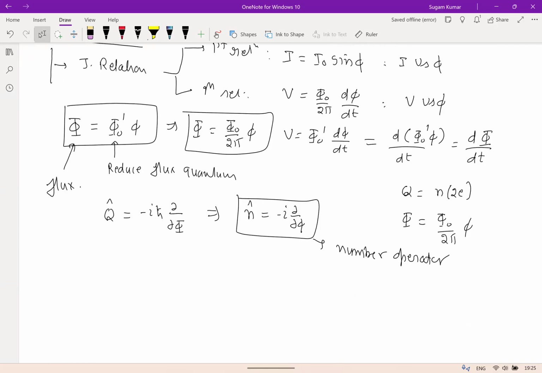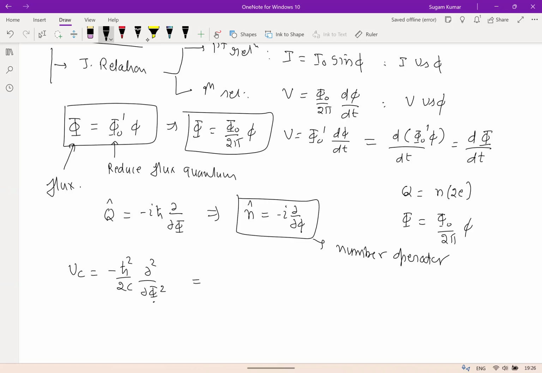And now if you look at the Schrodinger equation, or maybe I can modify this UC a little bit, which was nothing but minus h cut square by 2C and del square by del phi square. So here you can put the value of phi and try to solve it.